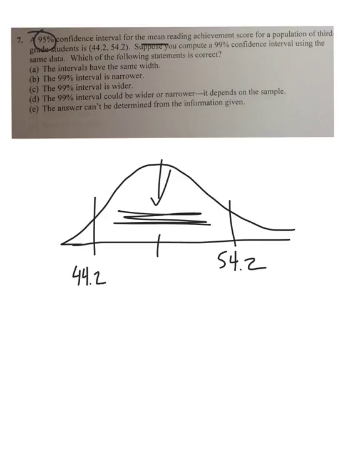Well, if we wanted to be more confident, 99% confident, we would make those numbers wider. So this would be a lower number than 44 over here, and this would be a higher number, so we would have a wider interval because we would be more confident that the mean is definitely in between those two numbers, 99%. So that's going to be wider, letter C.